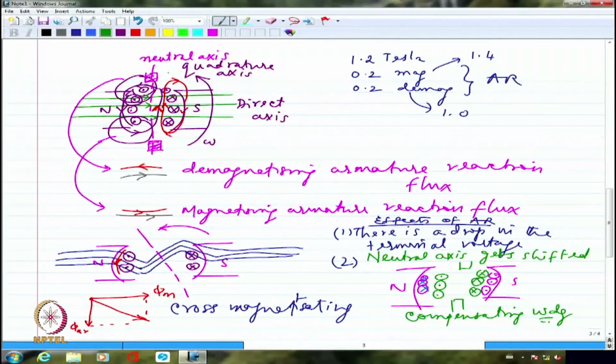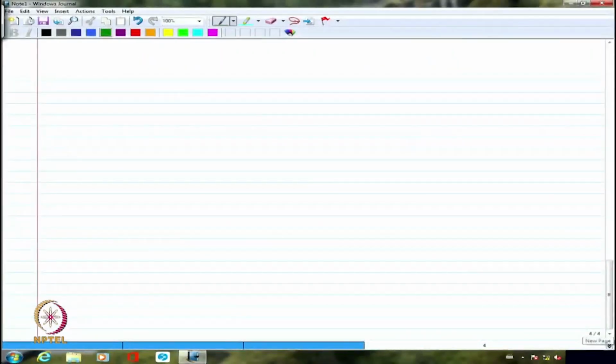So now that we have completed the armature reaction and its effect in the case of a separately excited DC generator, let us quickly look at the first self-excited generator, which is a shunt generator.